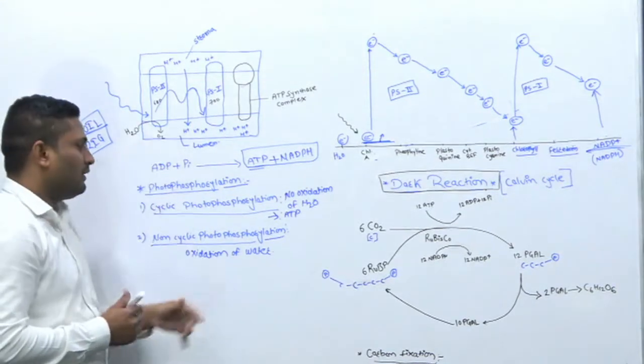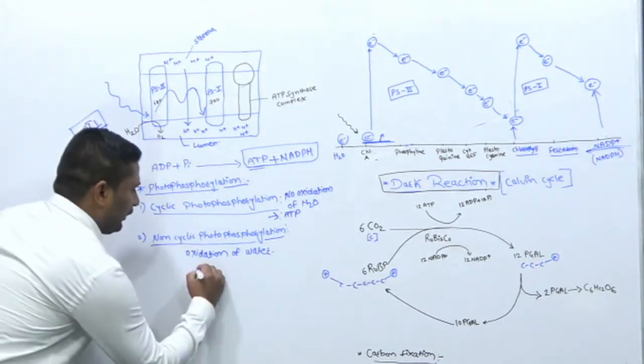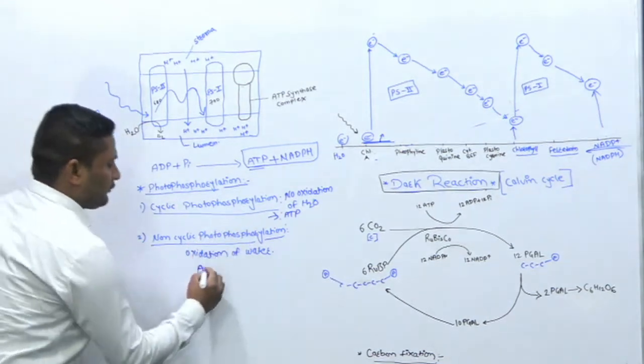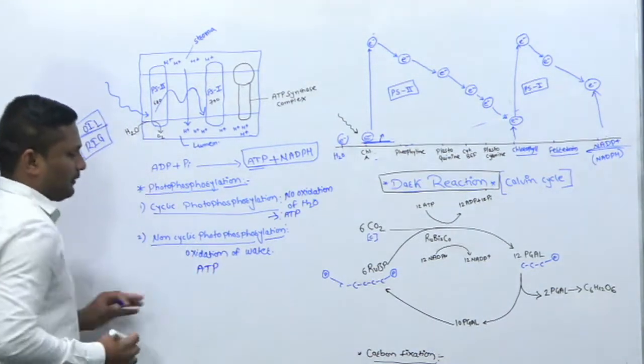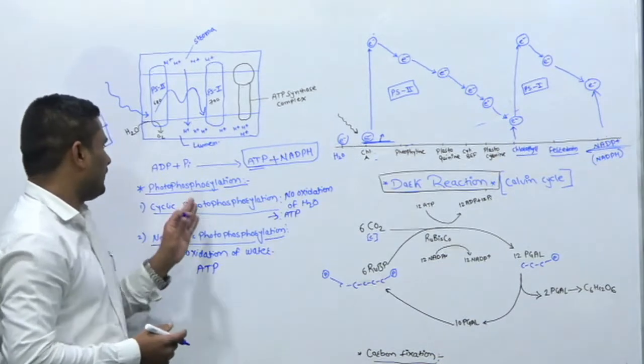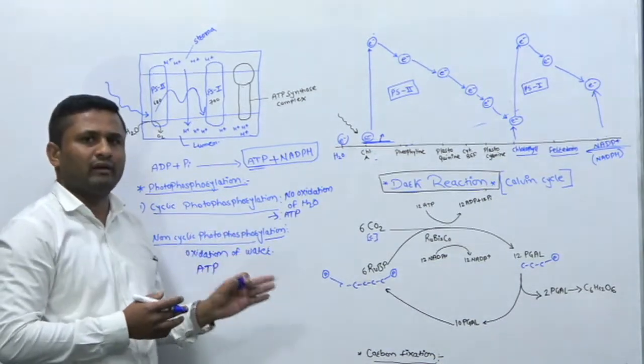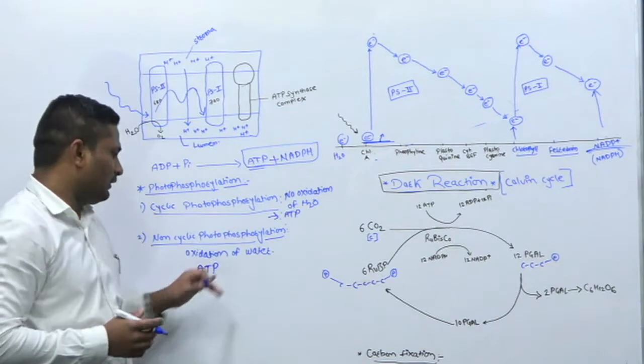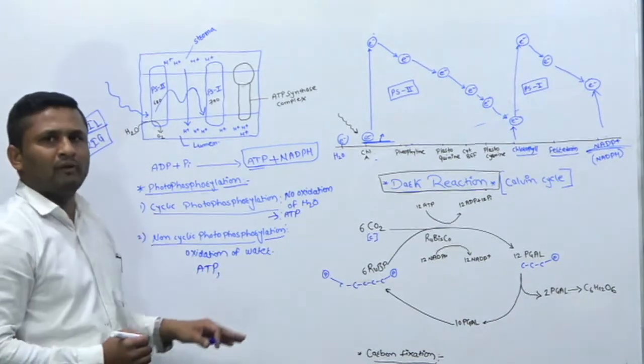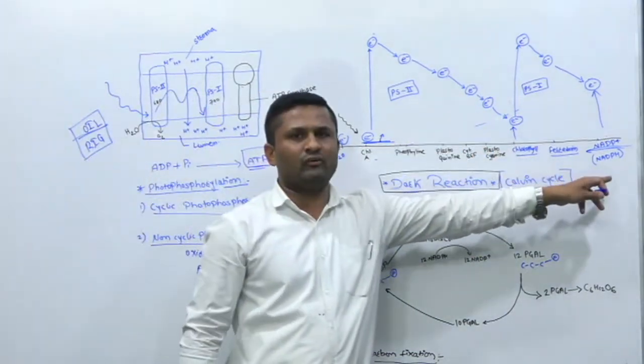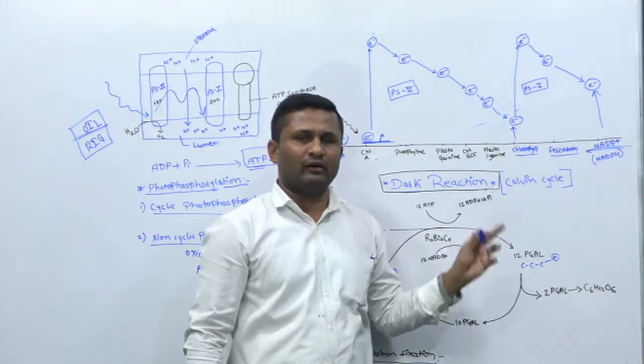And what are the products of non-cyclic photophosphorylation? ATP will obviously be there. ATP is the byproduct of both the cyclic and non-cyclic photophosphorylation. But along with ATP in non-cyclic photophosphorylation, NADPH will also get formed, right?